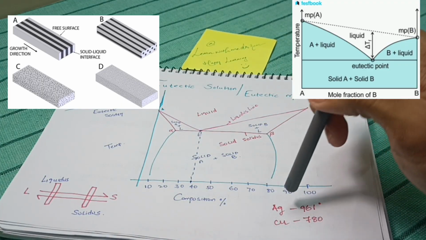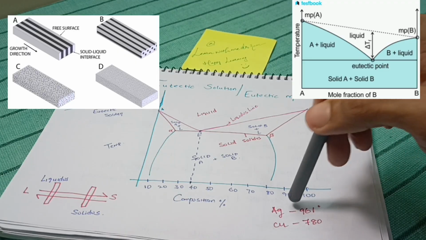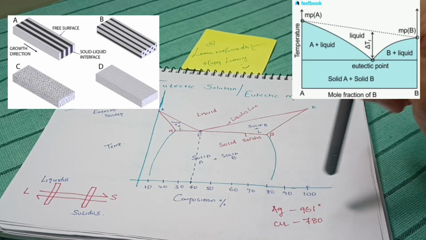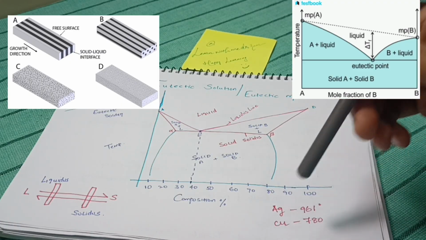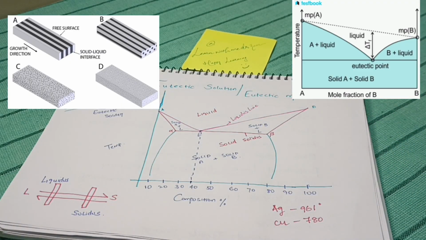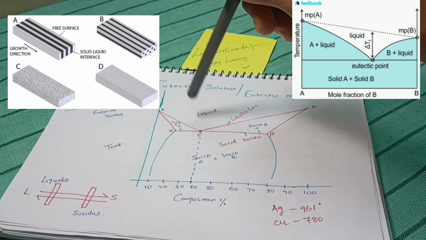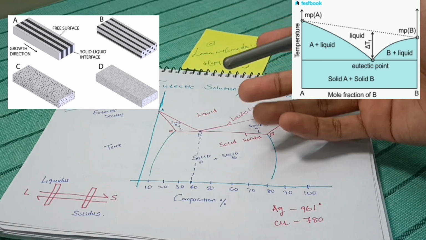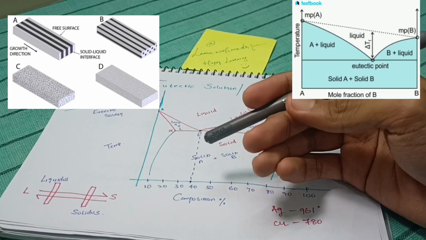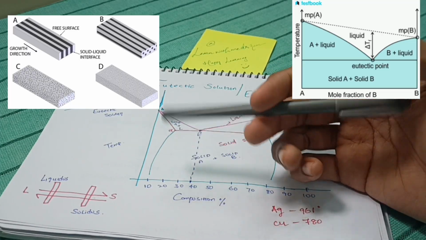For example, take silver and copper. Silver has a melting temperature of 961 degrees centigrade, and copper has a melting temperature of 780 degrees centigrade. When they are mixed together in the liquid state, we can't differentiate which part is copper and which part is silver.